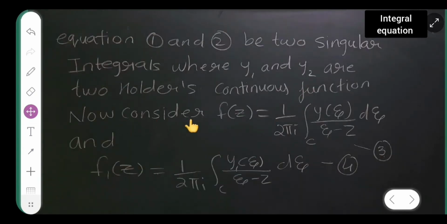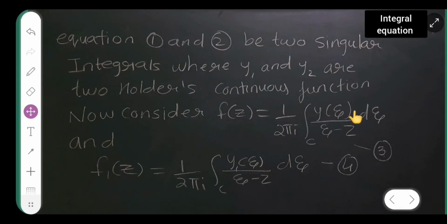Now consider f of z. This is from the Cauchy integral, right? F of z is equal to 1 upon 2 pi i times the integral from c of y of xi upon xi minus z d xi, okay? Take this as equation 3. And f1 of z is equal to 1 upon 2 pi i, the same thing, integral from c of y1 of xi upon xi minus z d xi, okay?